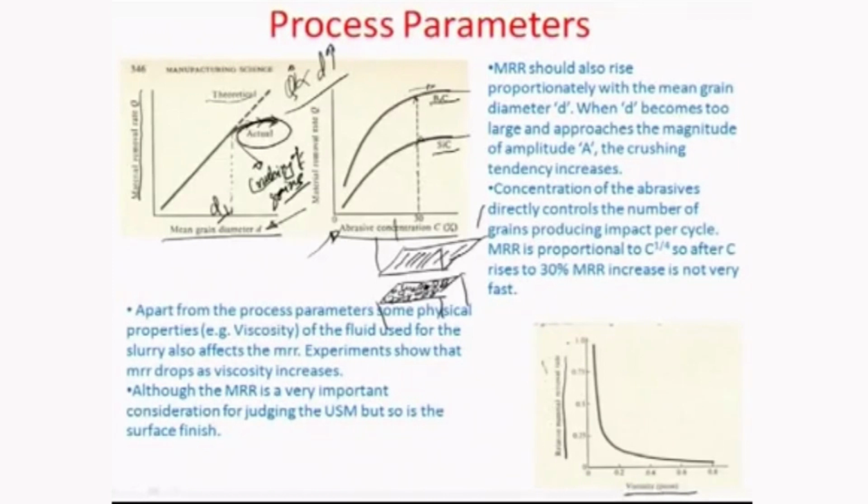So the diffusion gradients that need to be established should be very high, and the debris material formed because of the indentation and the brittle fracture does not get carried away very easily in that case. So therefore with an increasing viscosity, as you are seeing, there is a relative reduction in the material removal rate, as can be illustrated from this trend here.